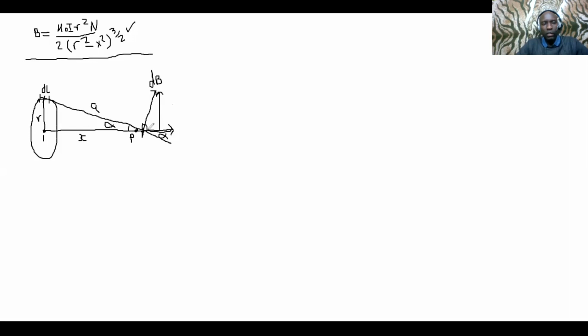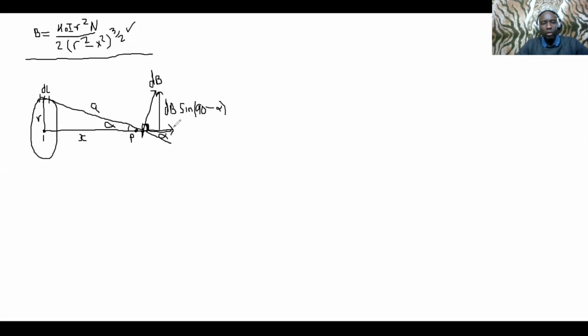We have the value of this angle, it's 90 minus alpha. Therefore, here the vertical component will be dB sine of 90 minus alpha.